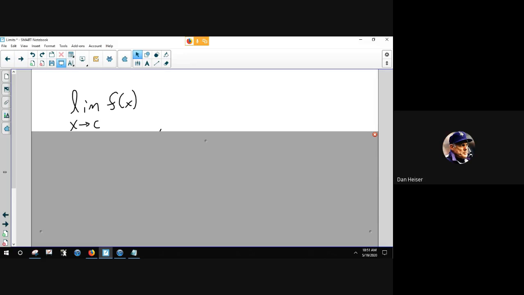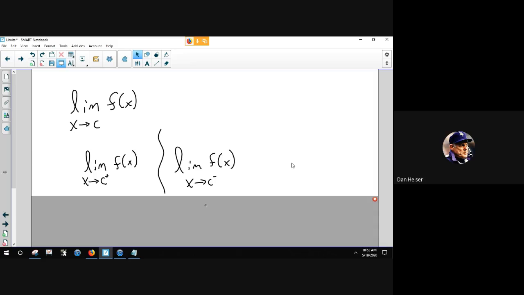Well, let's say we don't want to do that every single time. Sometimes we might want to approach just from one side or just another side. Here's how we do that. We have the limit of the function as x approaches c with this little plus.